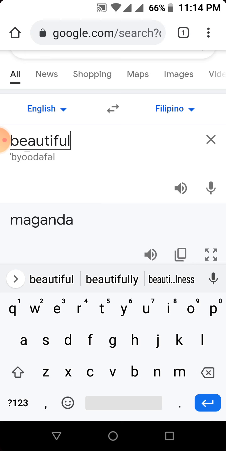So if you're going to compare it to the first translation that we have, "ang ganda ng lugar mo," it's the direct sense we are trying to imply, right?